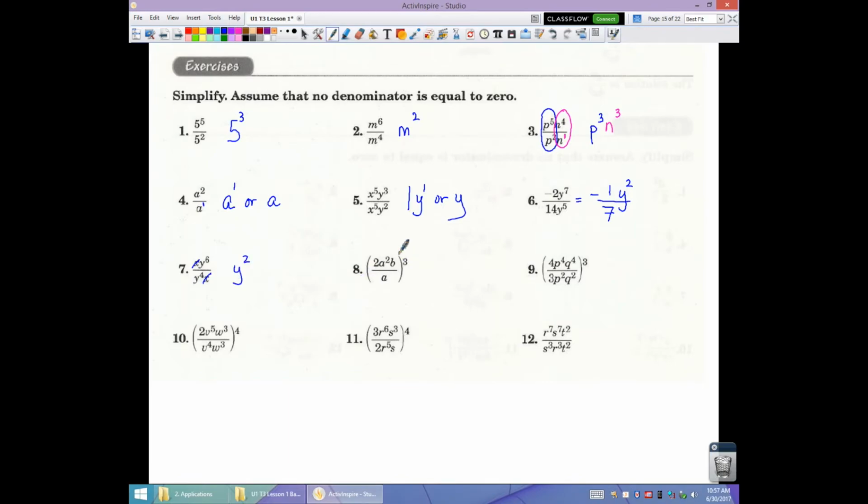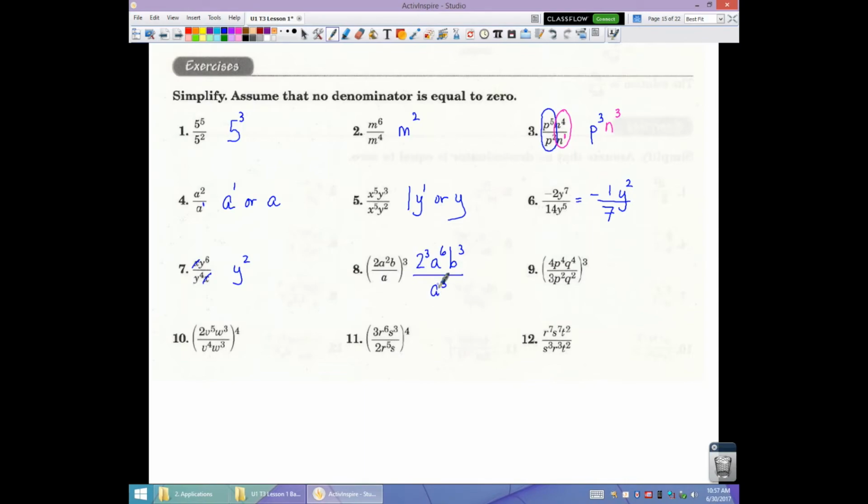Number 8, I need to apply the power to a power rule, but when I'm applying it to a fraction, that little exponent of 3 goes with everything in the numerator and everything in the denominator. So this becomes 2 to the 3rd, a to the 6th, b to the 3rd, over a to the 3rd.